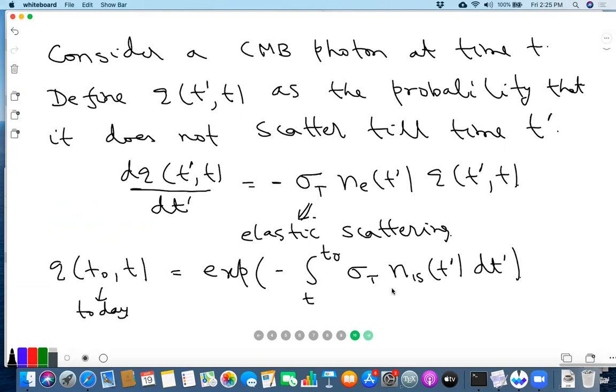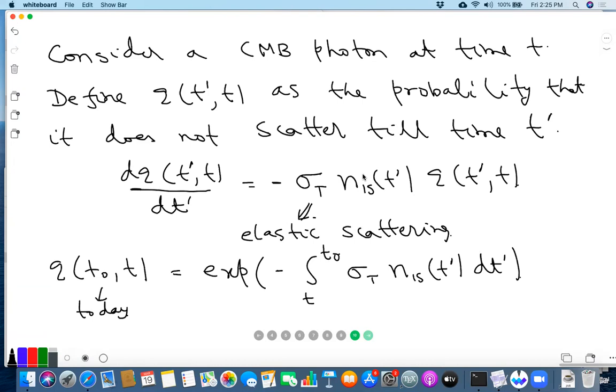This is like what's called Thomson scattering, because we are assuming that the number of free electrons has gone down quite a bit.